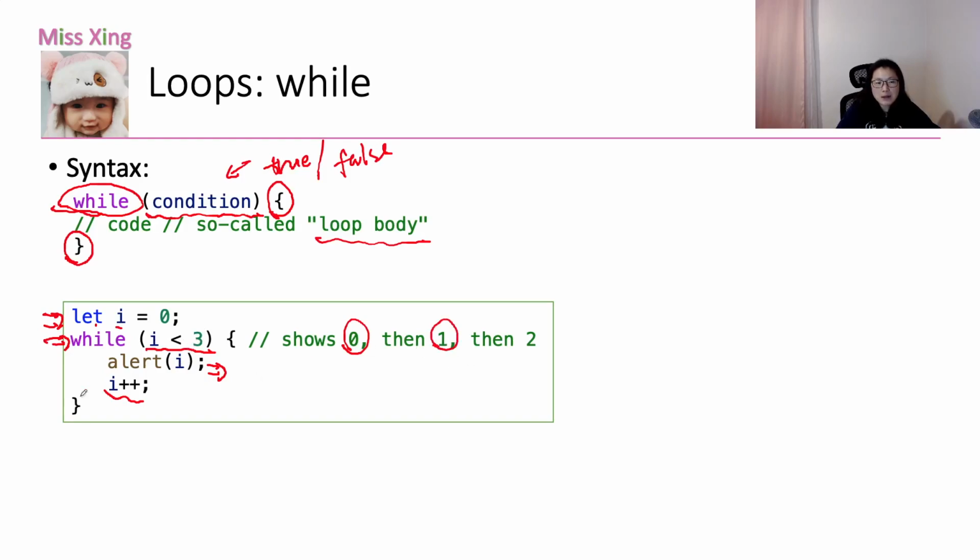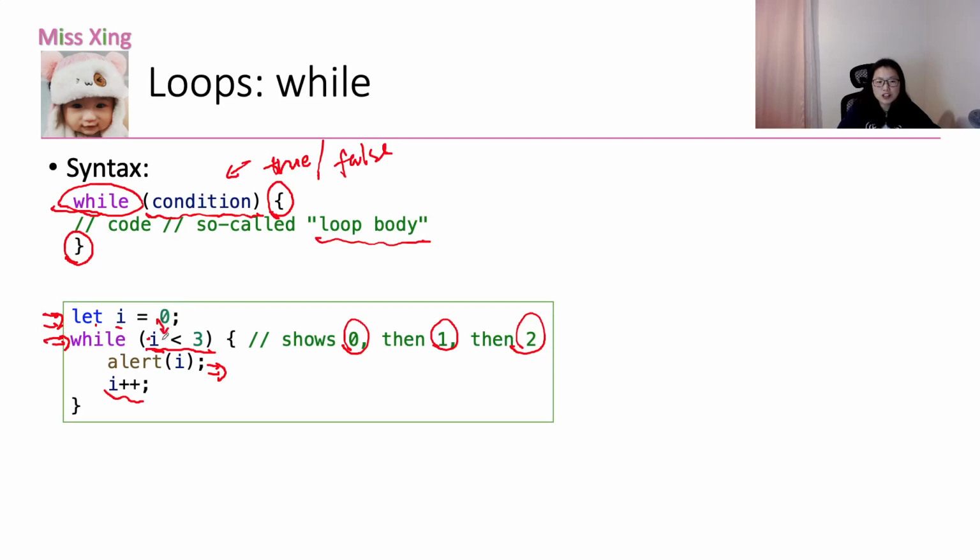Then i plus plus, and i becomes 2. 2 is less than 3, so it will alert 2. Then i plus plus, and i equals 3.